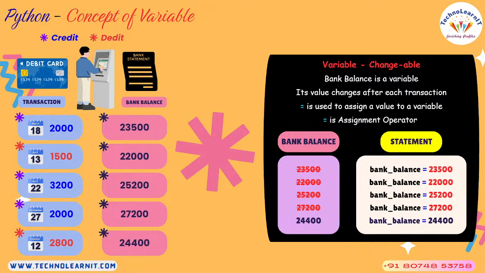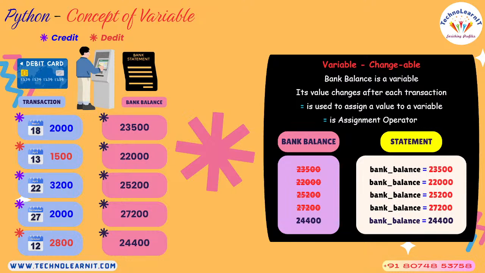It will never change. So if you use 23,500 in the context of some statement, and you use the same number 23,500 in a different statement, in a different context, the value this 23,500 represents remains the same. It will never change.